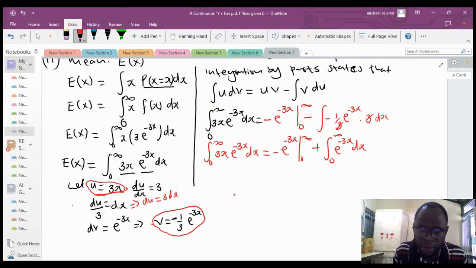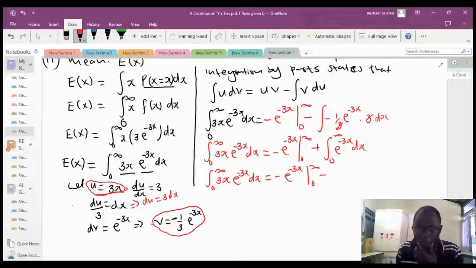Now from there, we are almost done with the mean. The integral from 0 to infinity of 3x exponential negative 3x dx is equal to negative exponential negative 3x. We shall have negative 1 over 3 exponential negative 3x.